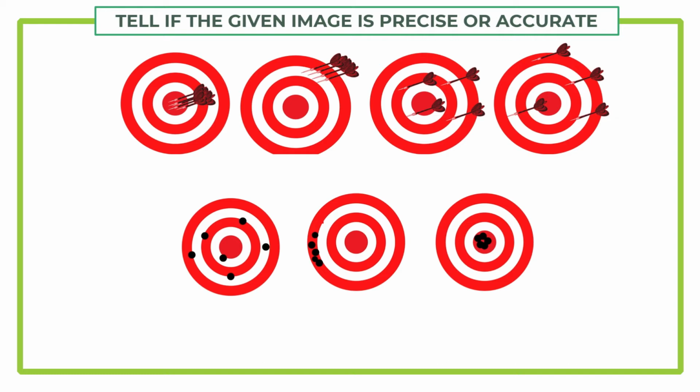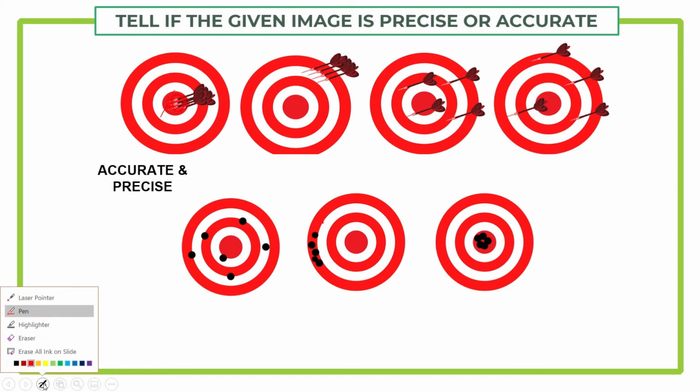The first picture, we need to determine if it is precise or accurate. The first one is accurate and precise. Precise because all of the darts are close to each other, and accurate because all of them hit the middle part.